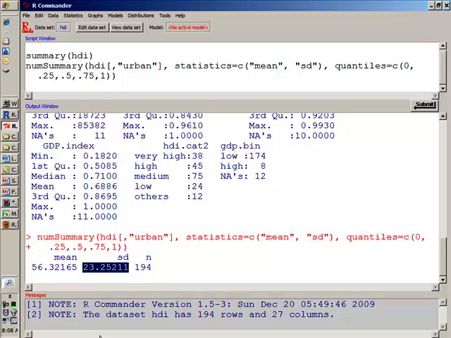Mean is in percentages, so 56.3% is the average urbanization on the globe, especially for those 194 countries. And the standard deviation for these 194 countries is 23.2%. Again, because we recorded urban as percentage of population urban, both mean and standard deviation end up in the same units as the observed data set.